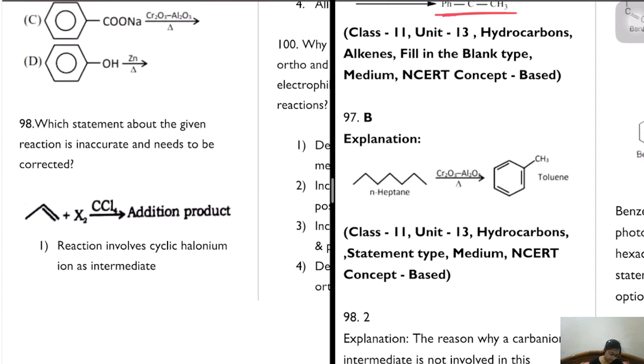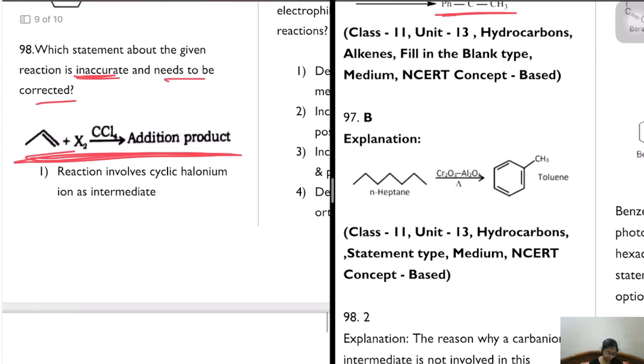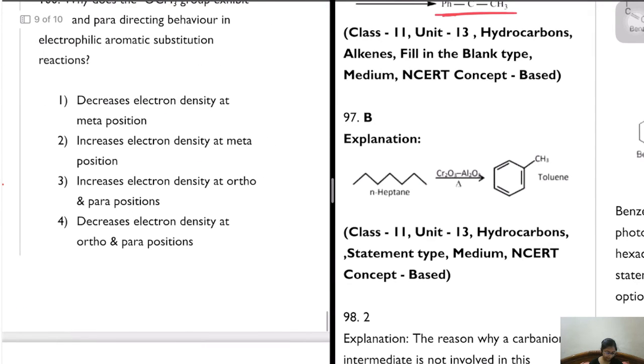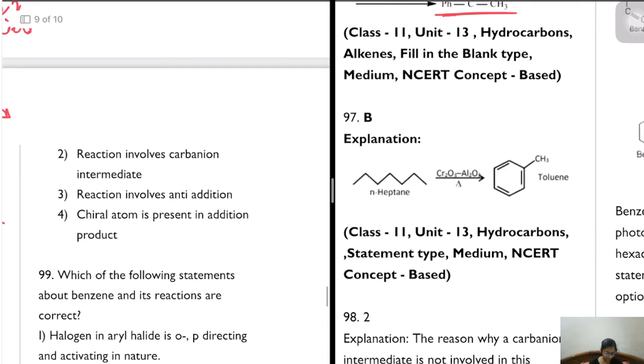Which statement is inaccurate and needs to be corrected? This is the reaction we have. The statement one says reaction involves cyclic halonium ion as intermediate. Yes, we have this. Then what are the other options? Reaction involves carbanion.